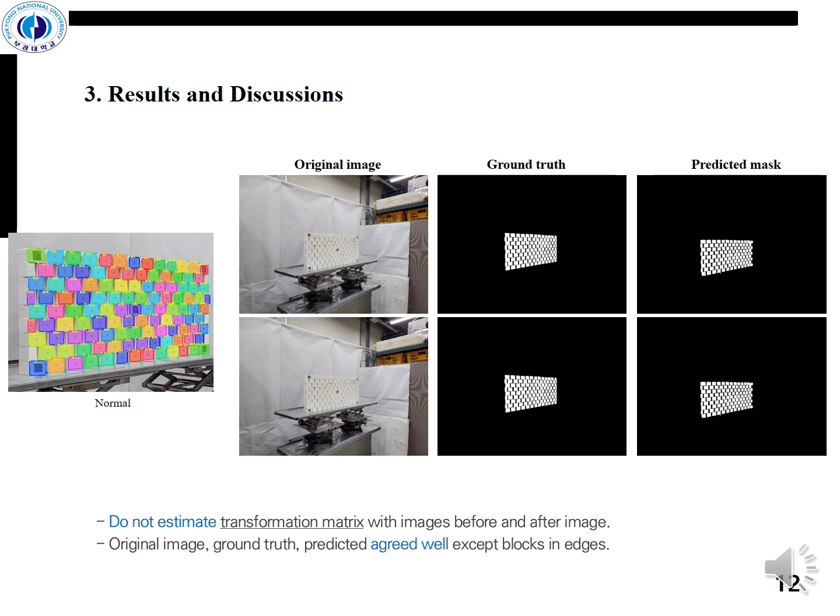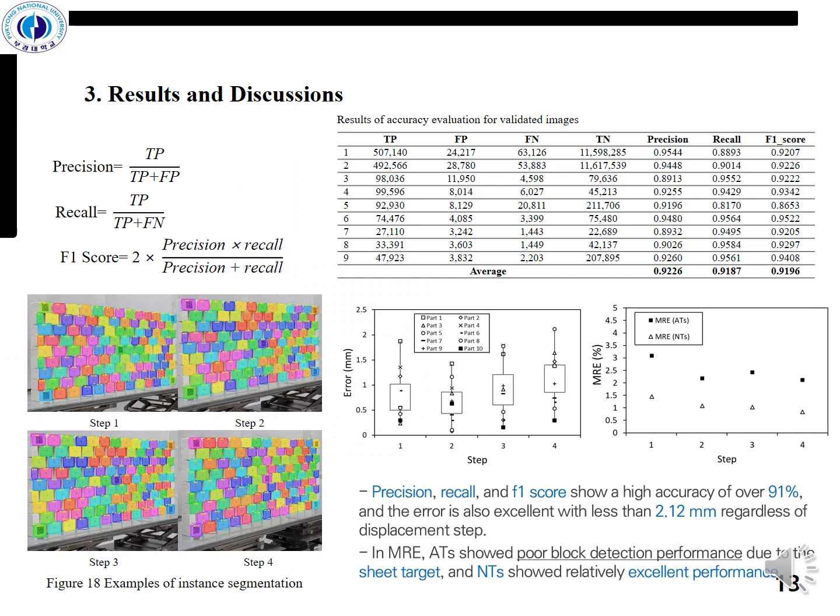This is one of the results of the detection from Mask R-CNN for the laboratory experiment. We detected every block, and there is some misdetection, but the result is quite good, and the original image, ground truth, and predicted mask agree well except for blocks at the edge.